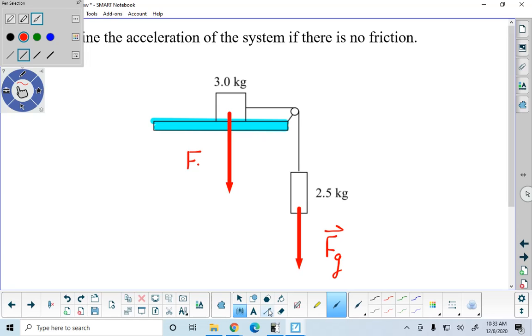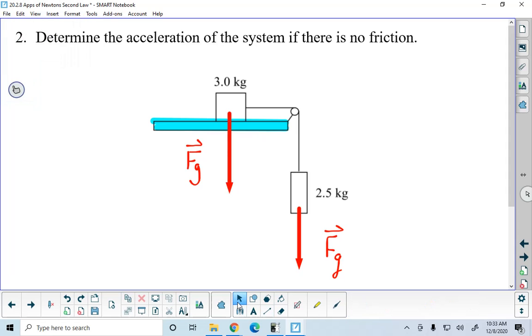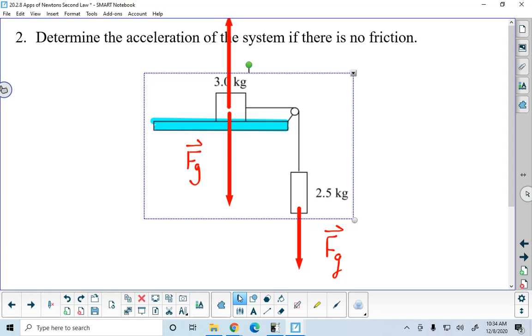But even though the force due to gravity acting on the 3 kilogram mass is bigger than the force due to gravity acting on the 2.5 kilogram mass, it doesn't matter because that force of gravity on the 3 kilogram mass is exactly balanced by the normal force between the two objects.